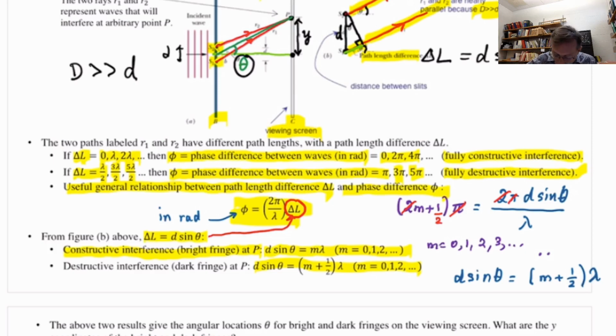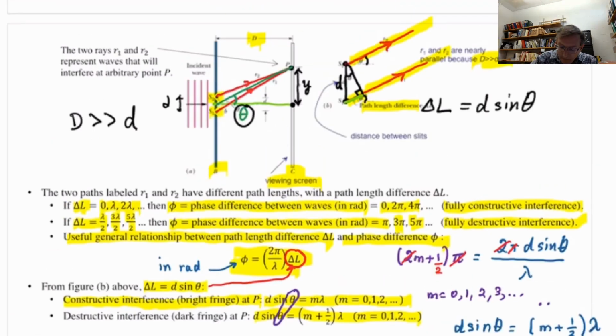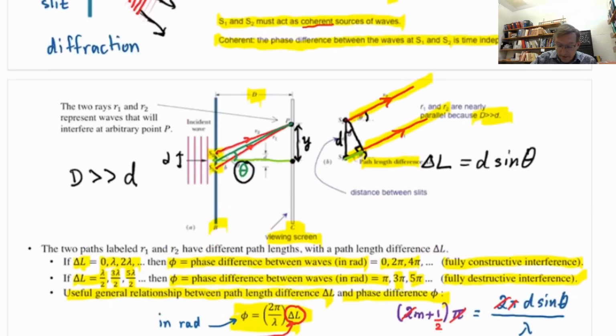Okay? All right, now that is basically using the angle theta to locate a bright fringe or a dark fringe. Remember what the angle theta is. Look up at the geometry. Take the horizontal line from the center of the slit straight across to the viewing screen.